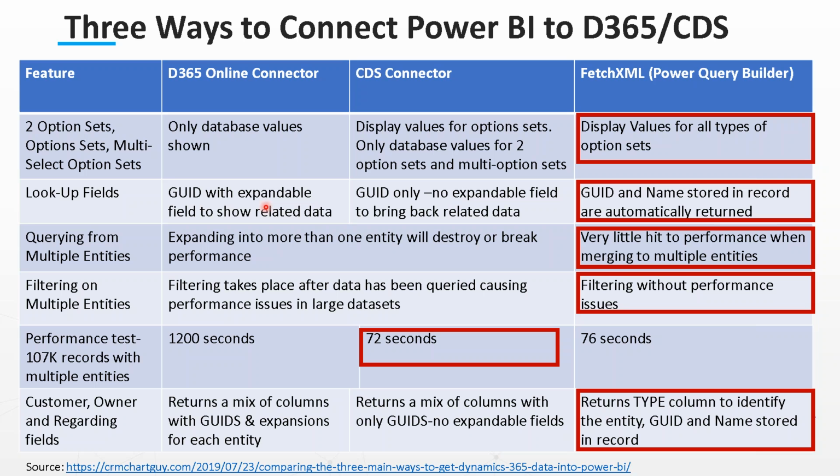It creates the merge automatically on every single lookup field. And because it's creating all those merges, whether you need them or not, it's going to eat up a lot of performance when you click the close and apply button. That's why those queries, if you've done this before, those queries using the D365 connector can take just a horrible amount of time to resolve.